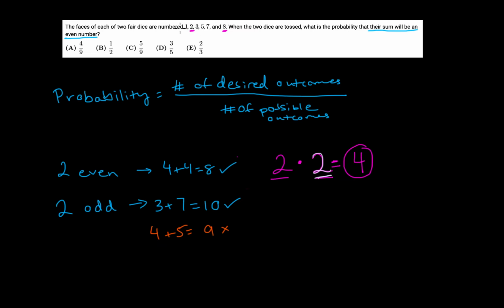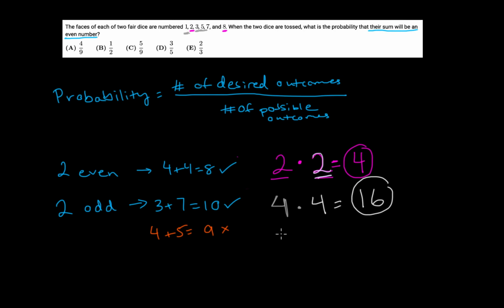I'm going to use this light grayish color. There's 1, 3, 5, and 7. So that's 4. You would have 4 the first time and also 4 the second time. We multiply that and we get 16. So 16 is the total amount for two odd.